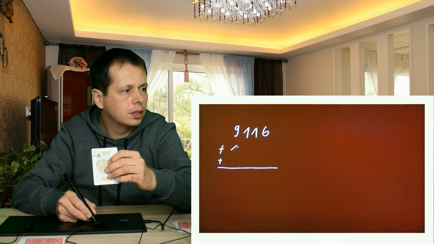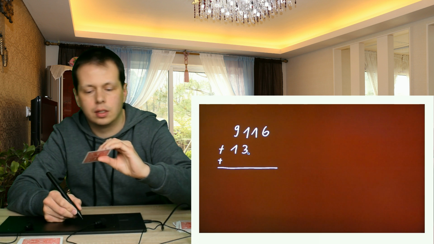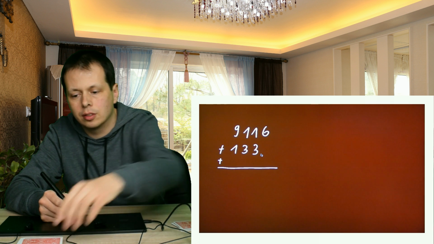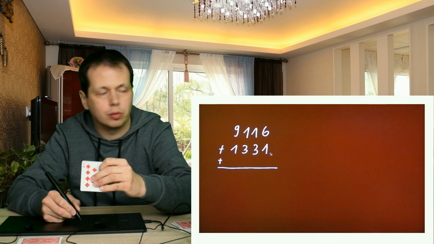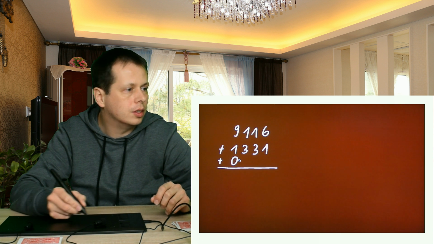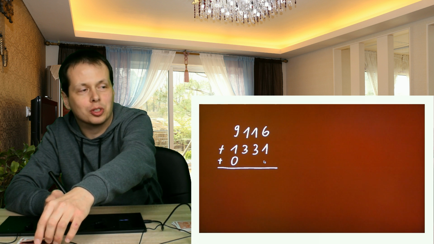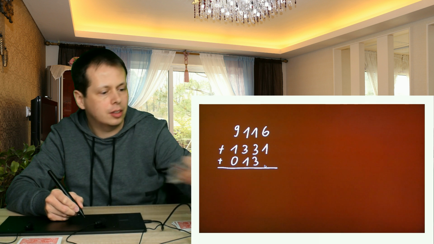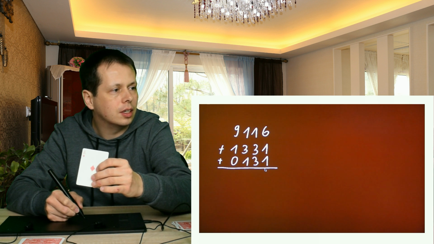King is 13, another 3, 10, so we use the 1, and let us write the 0 here, so we have effectively a 3-digit number here. And again a king and an ace.